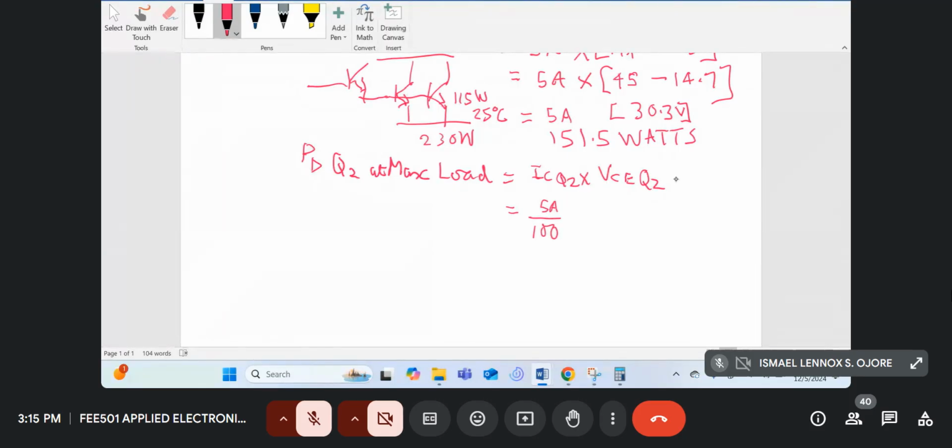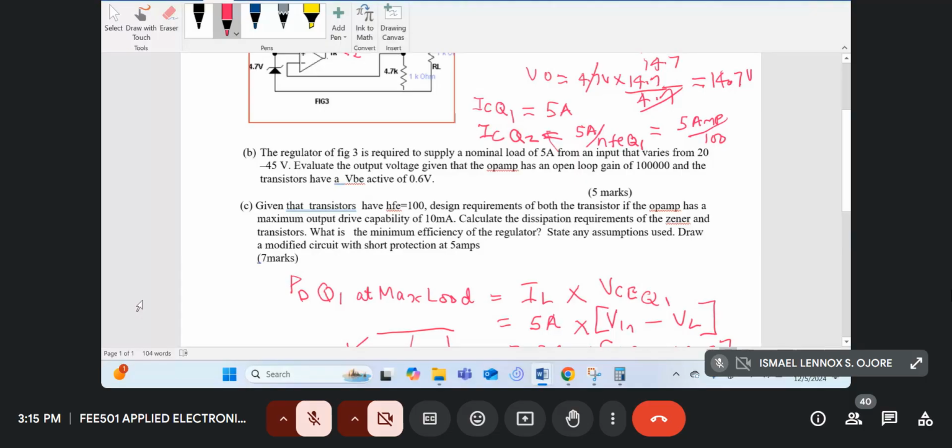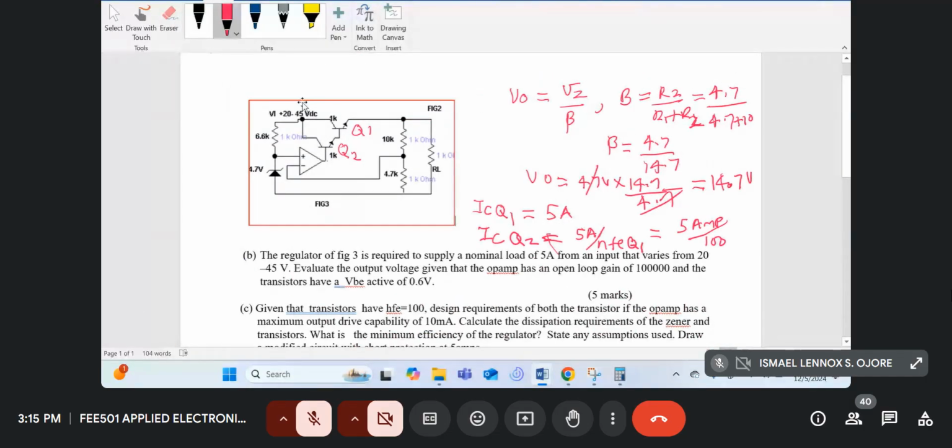And then VCE Q2 will be equal to Vin minus the voltage across VCE of the second transistor, which is the base voltage of Q1, which is VL plus VBE of Q1.